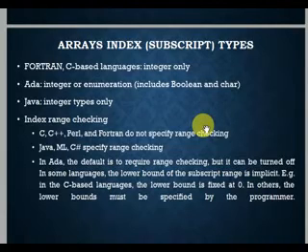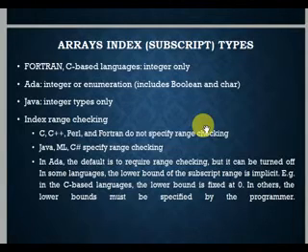In some languages we also do not use negative integers, but in Python we can use a negative number to indicate the last element. In Fortran and C-based languages, integers only. Ada allows integers or enumeration types, including boolean and char. In Java, there are only integer types.